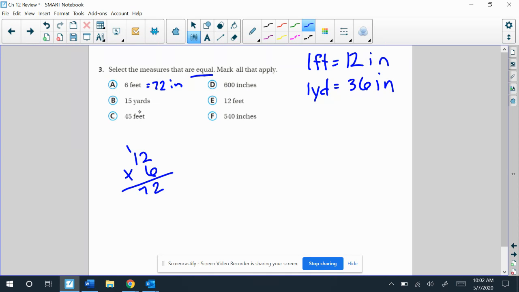Okay, now 15 yards. That's not in inches either. I'm going to change it into inches, yard right here, 36. All right, here we go.